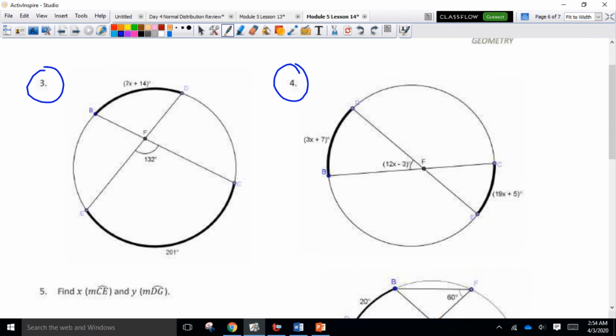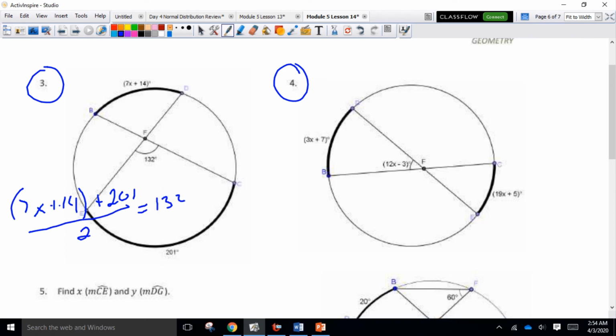We would do 7x plus 14 plus 201 divided by 2 is 132. Solve that.